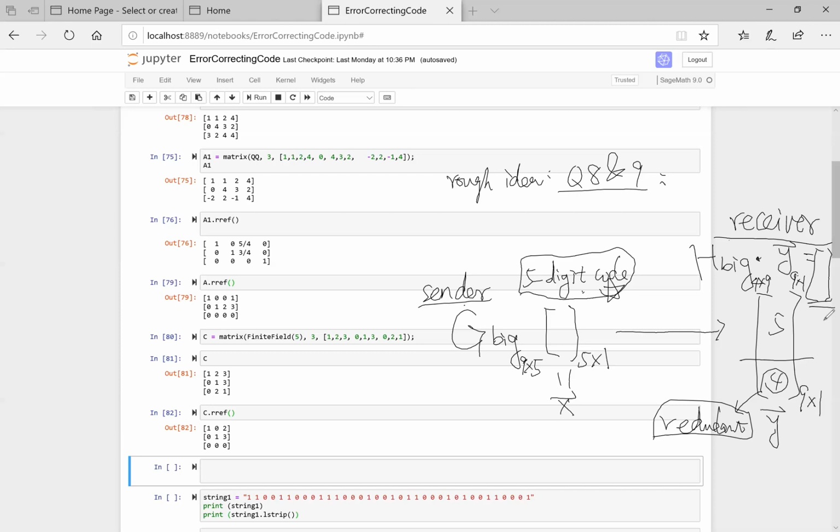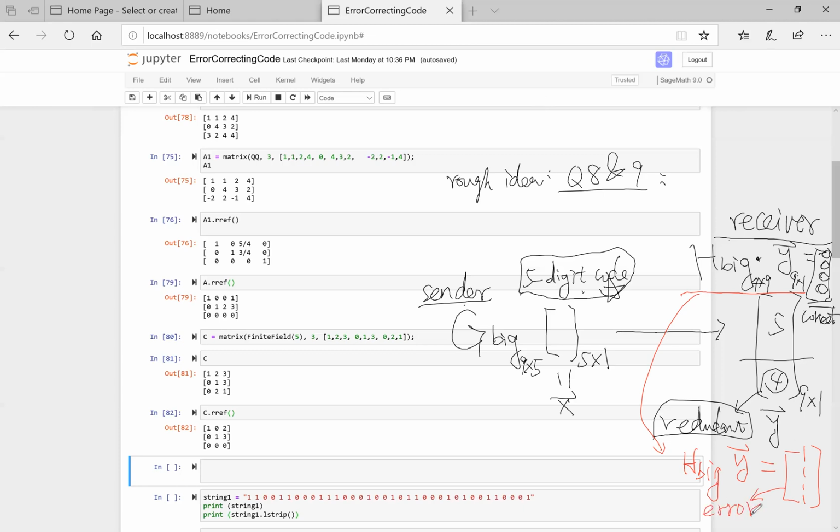So the upshot is the following. If we get 0, 0, 0, 0, that means we received the correct code. But if we instead get, for example, 1, 1, 1, 1, actually anything other than 0, 0, 0, 0, that means we have an error.